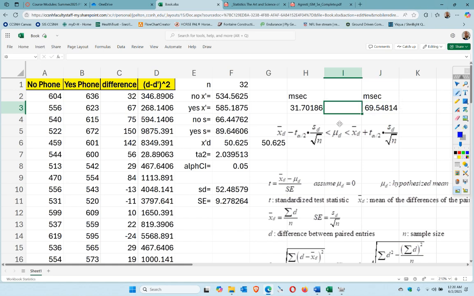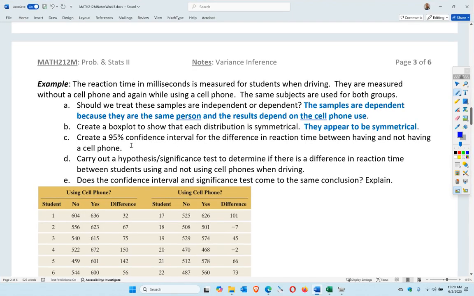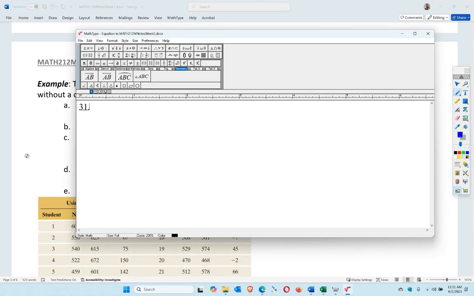Okay, so that's the confidence interval. We'll rewrite that afterwards on our paper. Let's write it down. Why not? Let's get this out of the way and put this on here. Okay, so my confidence interval is 31.07.